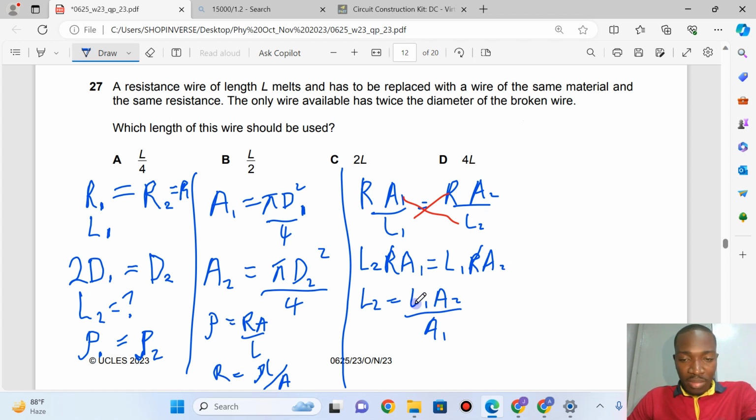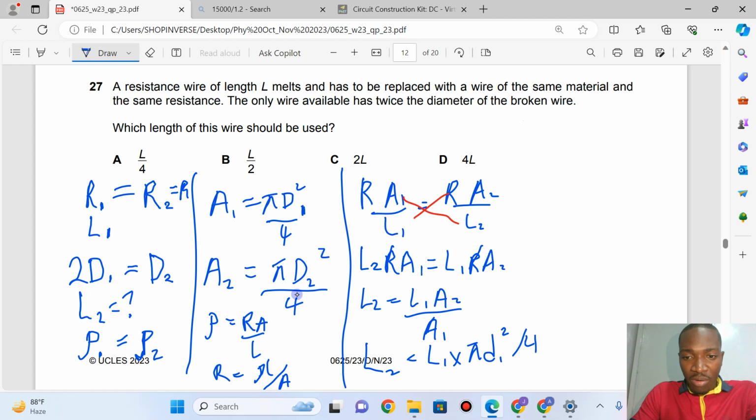What is A2 in terms of A1? Since area equals pi d squared over 4, A1 is pi d1 squared over 4, A2 is pi d2 squared over 4. So I want to substitute that here.